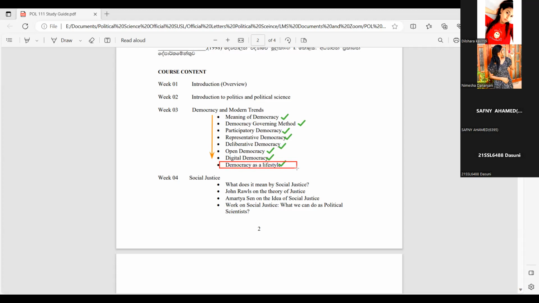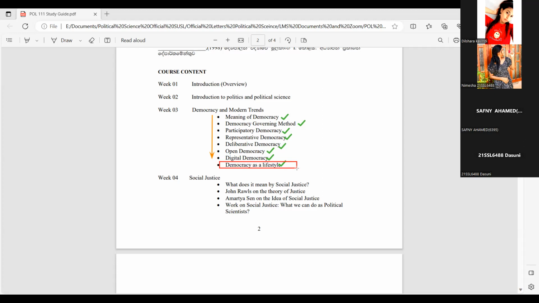So when we are living in our society, we need to practice, we need to show democratic norms, democratic values, and democratic attributes. We need to absorb all these things into our life, and we need to practice democratic norms, values, and kind of things in our day-to-day life, right?